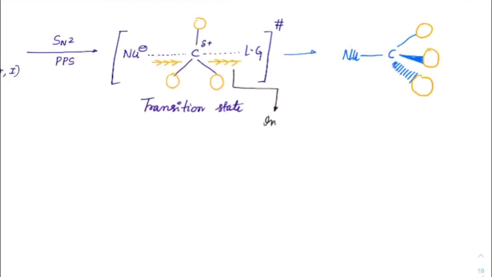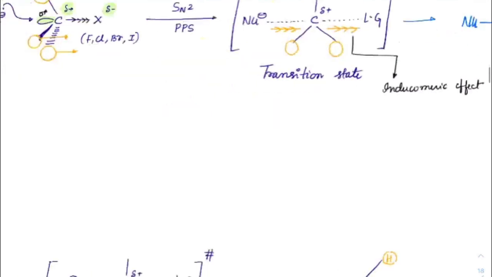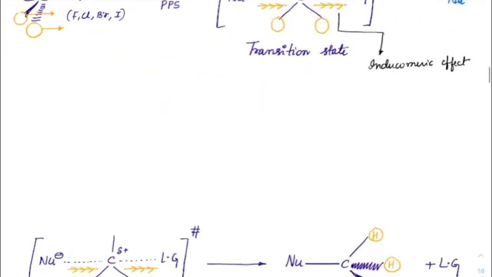This is called inductomeric effect. Okay. So in short, let me write that in the transition state, the leaving group is pulling electrons towards itself.